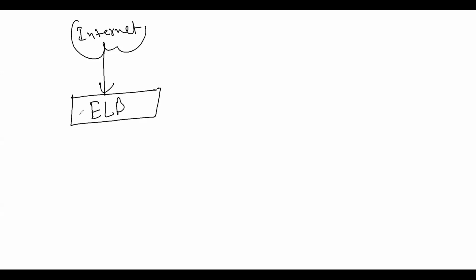From the internet, how it will start listening automatically. So we have to define the listener port. We define some listener port like 443, some port on which this ELB would be listening.